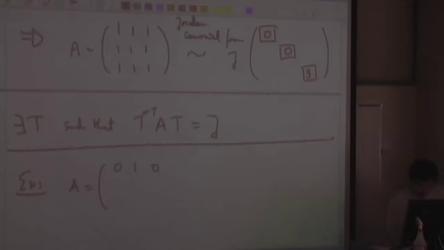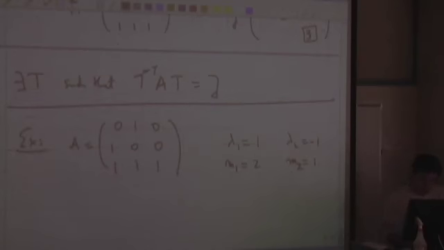0 1 0, 1 0 0, 1 1 1. Okay, turns out lambda 1 is 1 with multiplicity 2, and lambda 2 is negative 1 with multiplicity 1. Okay.